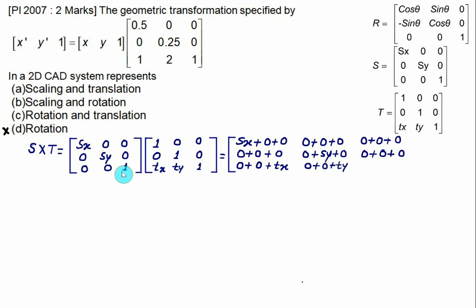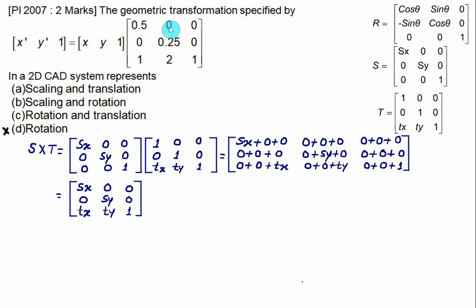Third row and third column: 0 into 0 is 0, 0 into 0 is 0, and 1 into 1 is plus 1. So scaling multiplied by translation will be equal to sx 0 0, 0 sy 0, tx ty 1.